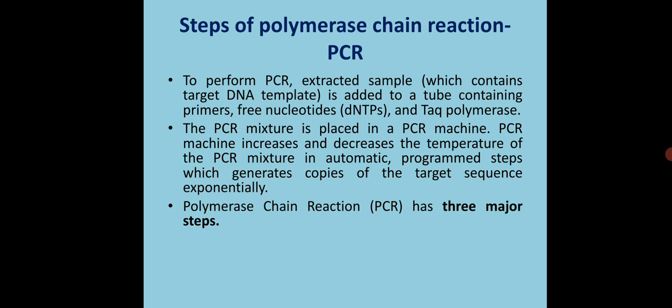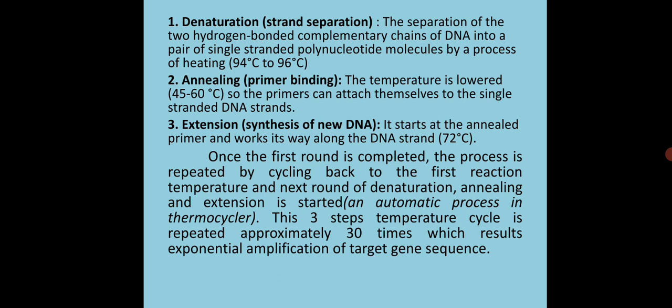The PCR mixture is placed in a PCR machine. The PCR machine increases and decreases the temperature of the PCR mixture in automatic programmed steps which generate copies of the target sequences exponentially. Polymerase chain reaction has three major steps as we already discussed: denaturation, annealing, extension.